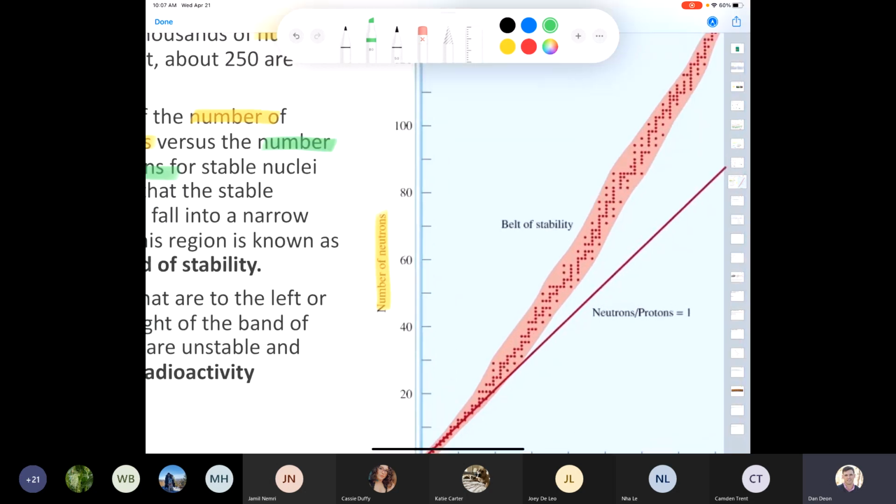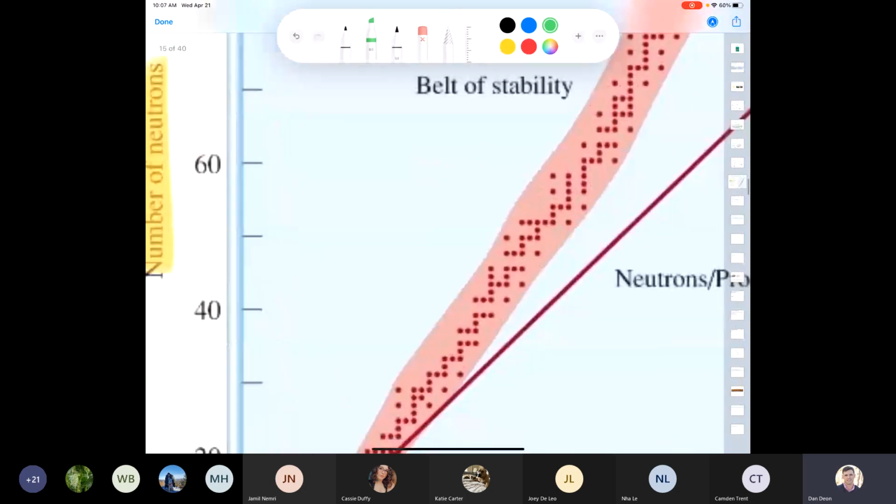So if we look at the band of stability closer, you see all these red dots? These represent stable nuclei. Outside, where it's fuzzy pink, that represents other nuclei that are radioactive. They're unstable nuclei.